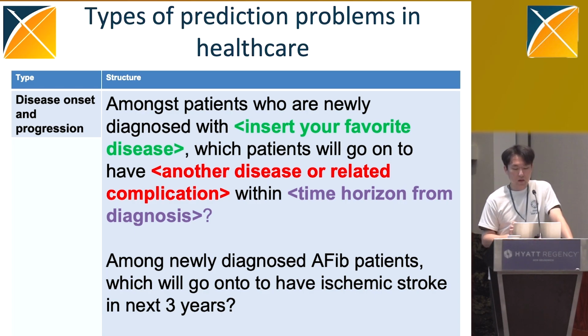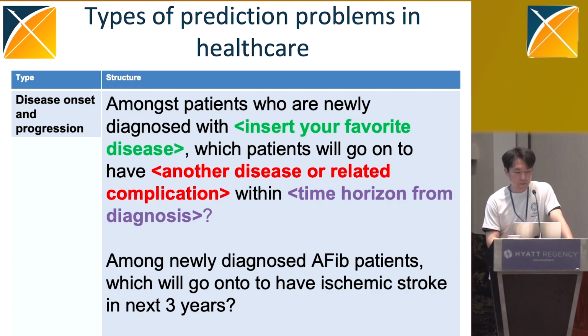When we think about predicting disease onset and progression, we can use a simple structure like this. Among patients who are newly diagnosed with a certain disease, which we call T, which patients will go on to experience a specific event, which we call the outcome, O, within a defined time period, which we call time at risk, TAR.